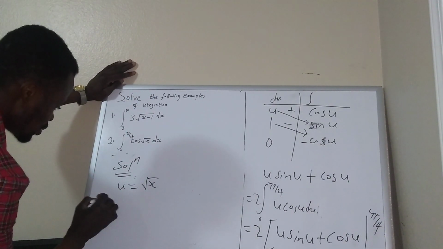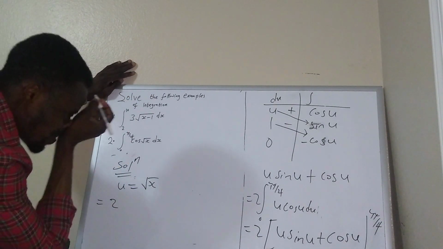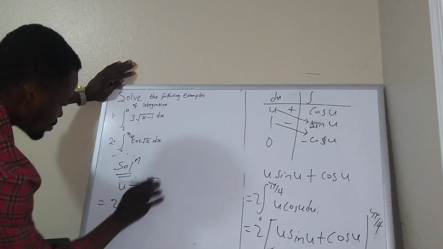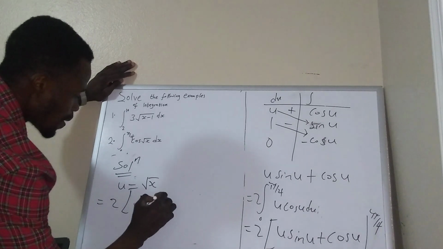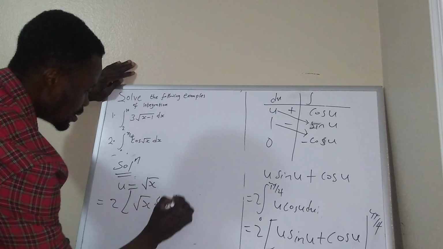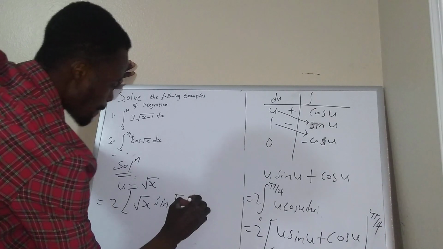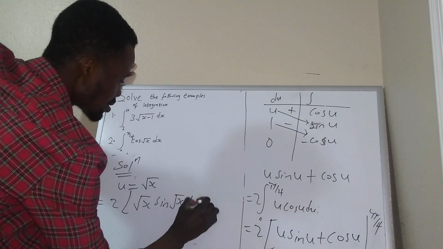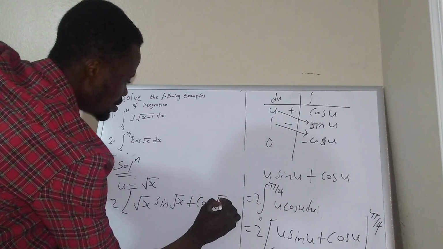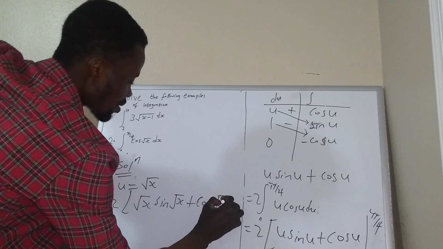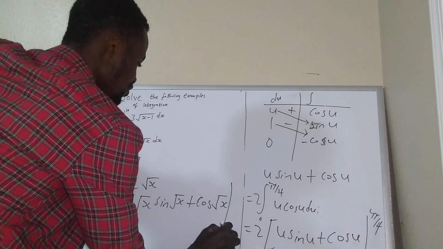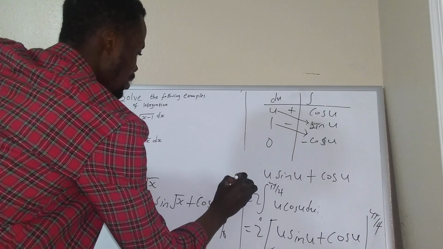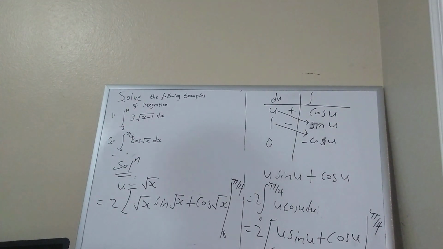So here we are going to get 2, then this sine this plus cos this, then limit from 0 to pi on 4.